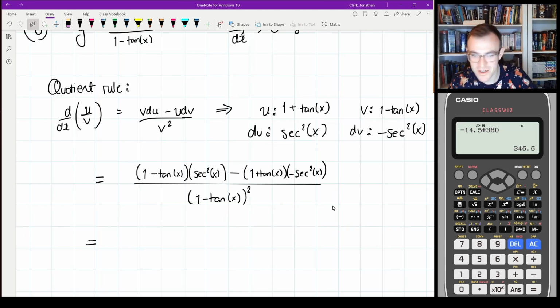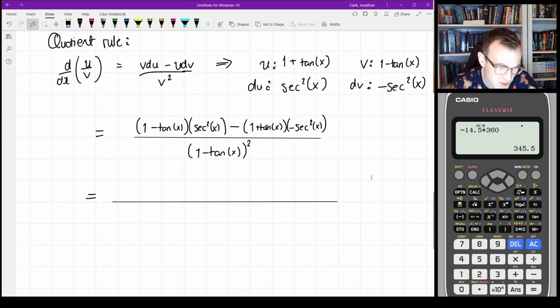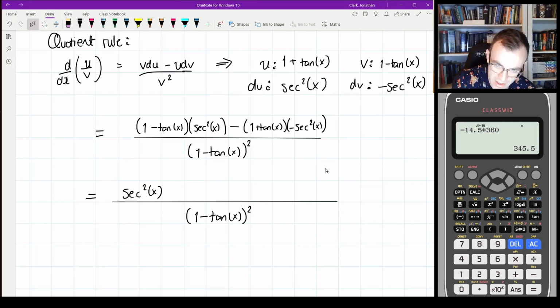The top of the fraction I'm hoping will have some cancelling out or something like that, because the terms look very similar on top and bottom. Sorry, not top and bottom, left and right. So this is just going to stay as it is. This expands, so 1 times sec squared minus tan times sec squared. Okay, right. Lots of minuses here, so this is going to be minus 1 times minus sec squared.